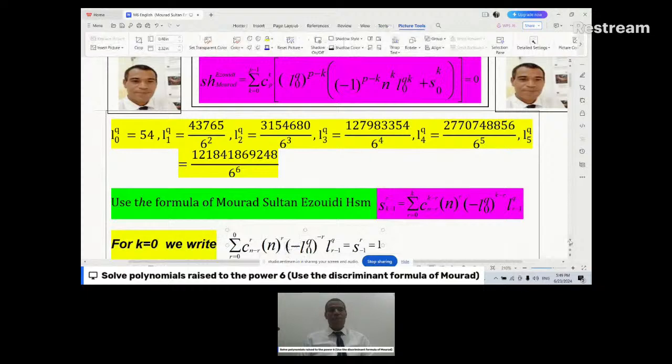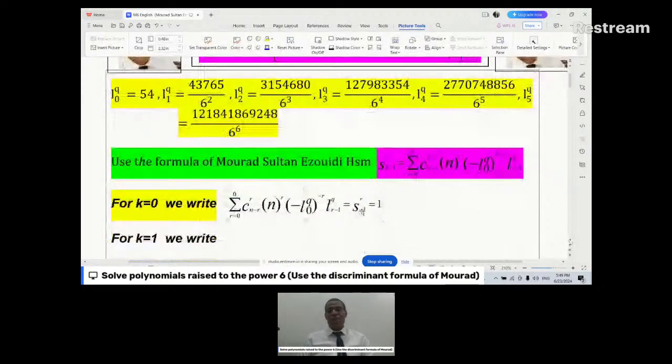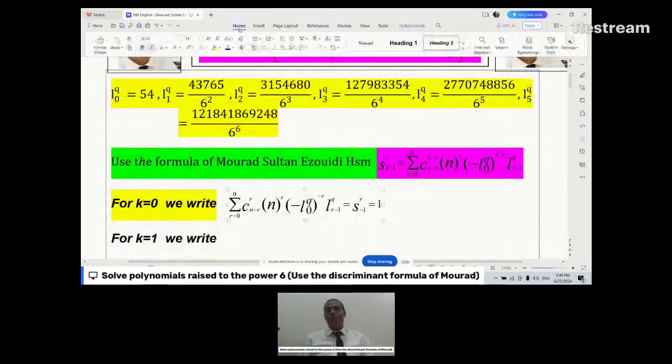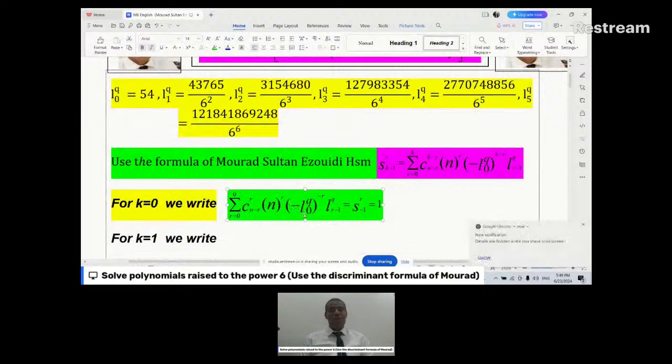By convention, the value of S_{-1} of order r is always equal to 1, simply because we calculate the sum that starts at 0 and ends at 0: combination (n minus r choose r), n raised to the power r, between parentheses minus L0 of D_Q raised to the power negative r, times L_{r-1} of D_Q, equals S_{-1} of order r, which is 1.